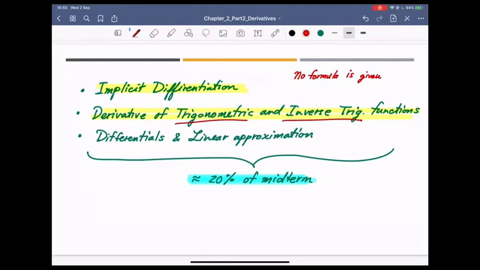It will take a while to memorize and be comfortable with trig and inverse trig, but you will get better with time.